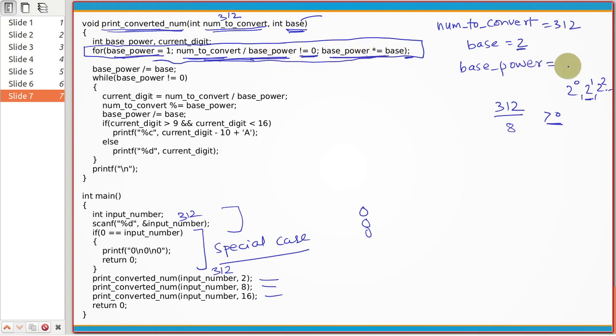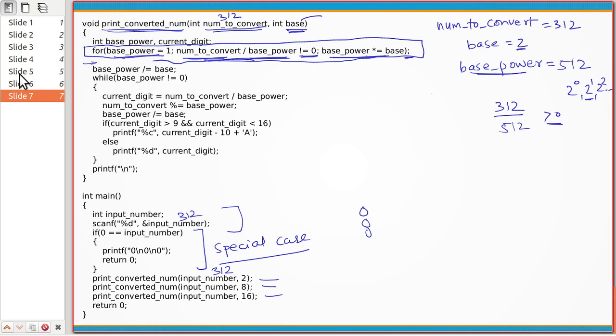That will become 512. Now once I have 512, the integer division becomes 0, so I stop the loop. It will continue until it's not 0. Once it comes out of this, I have value 512 stored in base power.